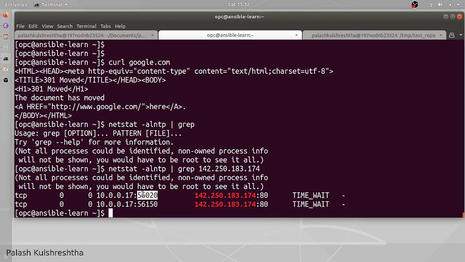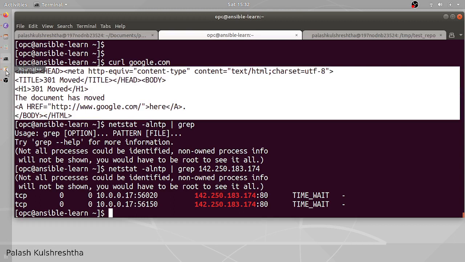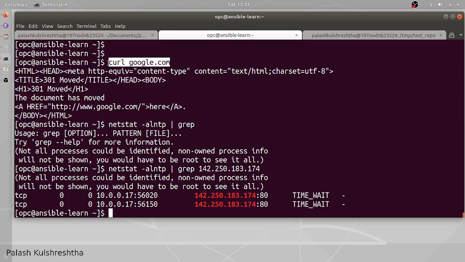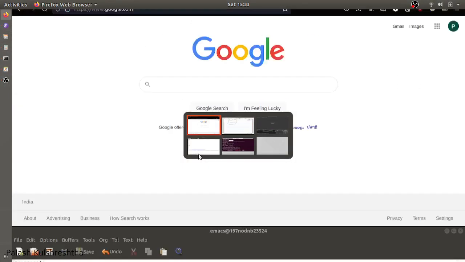This is the local port of my system. This is Google's IP address. So this IP and port is sending data to that IP and port, and google.com has returned me this data, and then the application requesting it, in this case curl, is showing me the data back.